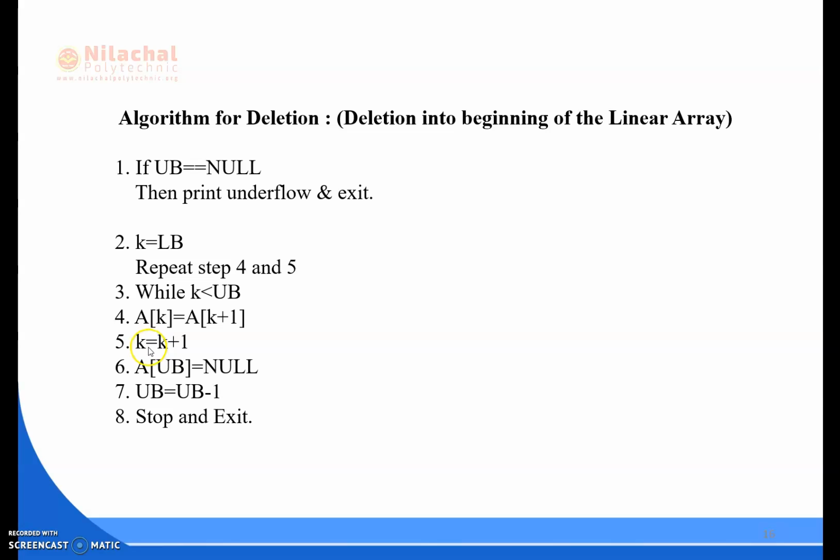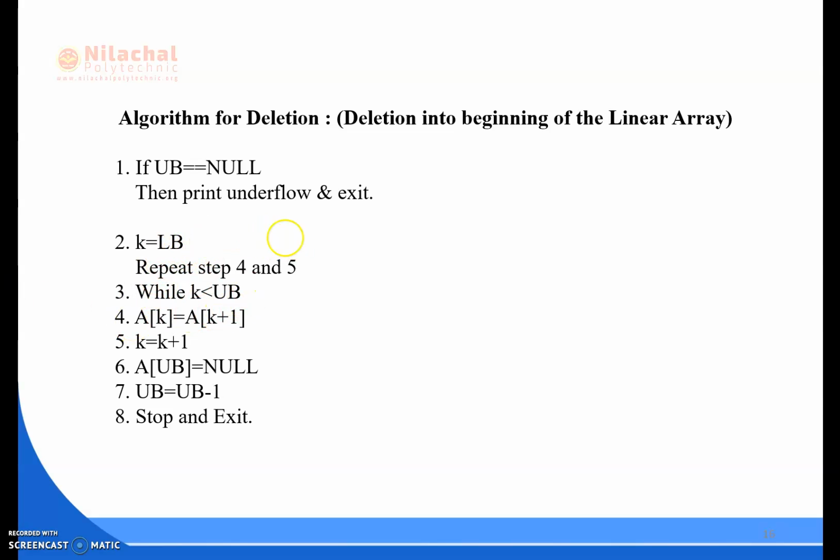At the 5th step, we have incrementation of k value, that is, it was first starting from lower bound and it is incremented by 1, and it will continue incrementing until it reaches the upper bound. Once it reaches the upper bound, at that time it will stop replacing the data items.